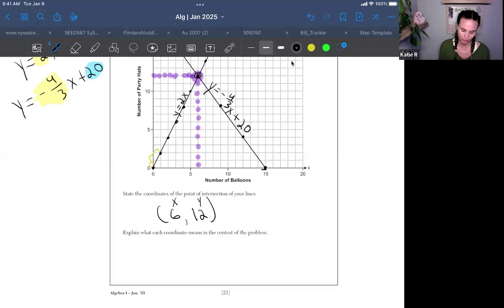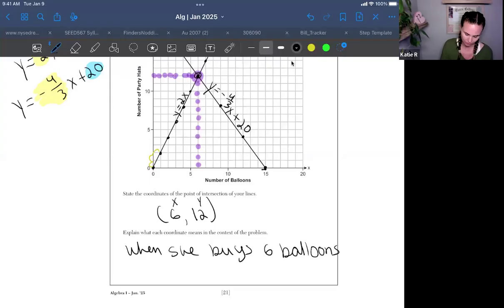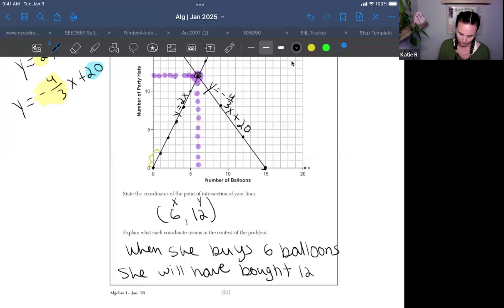And what do the coordinates mean? It means that when she buys 6 balloons, she will have 12 party hats.